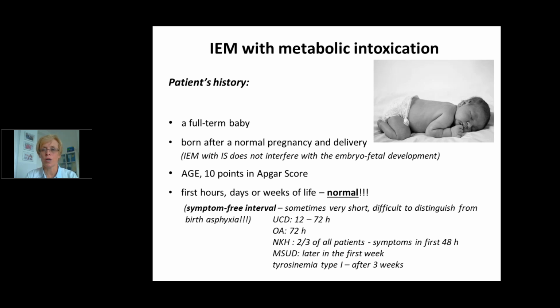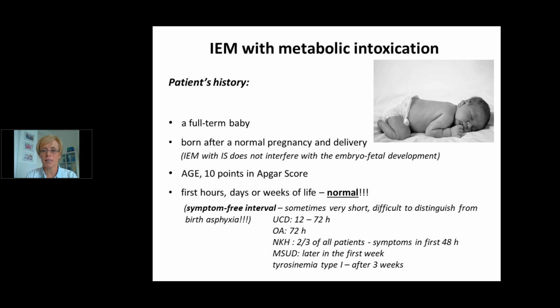Inborn errors of metabolism, of course, may occur among premature babies. However, it is quite common that they are born from an uneventful pregnancy as a full-term baby. Uneventful pregnancy, uneventful delivery, and quite high, sometimes even the highest, score on the Apgar scale.